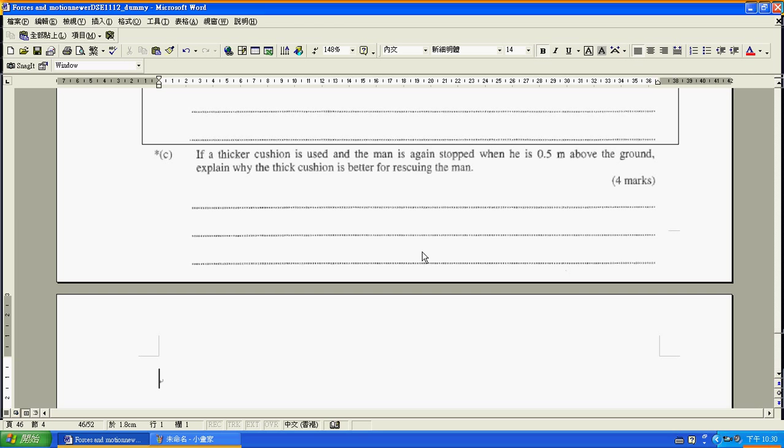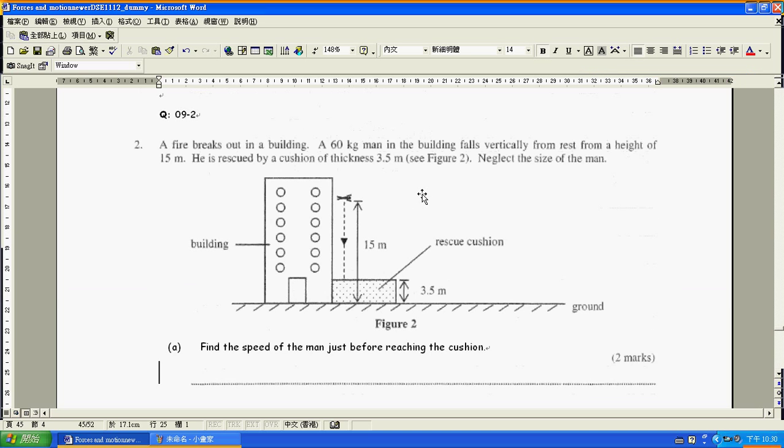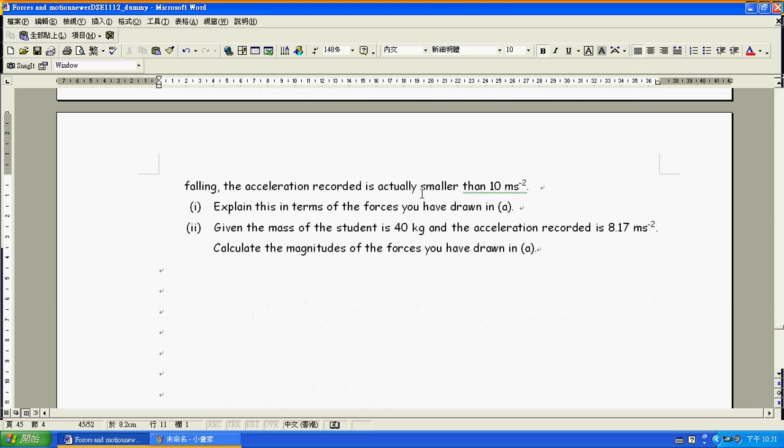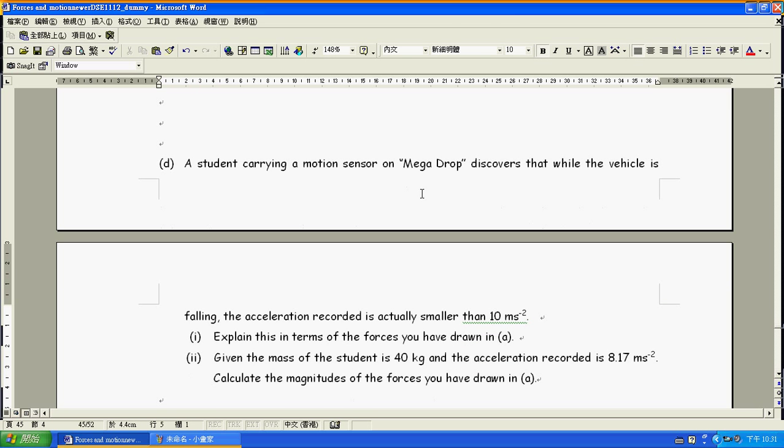So part C. A student carrying a motion sensor on Mega Drop discovered that while the vehicle is falling, the acceleration recorded is actually smaller than 10 meters per second squared.